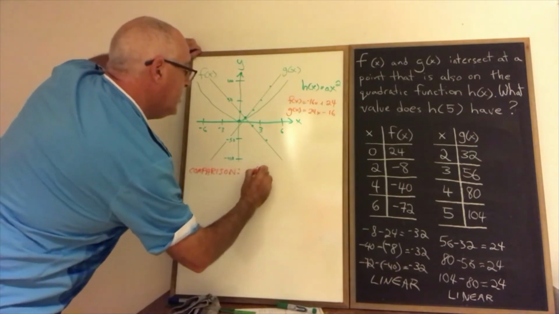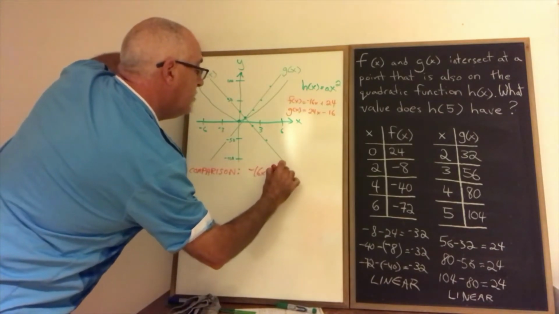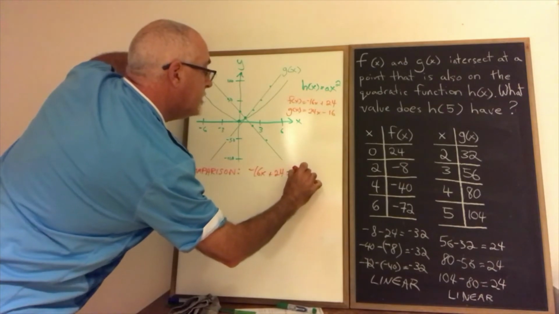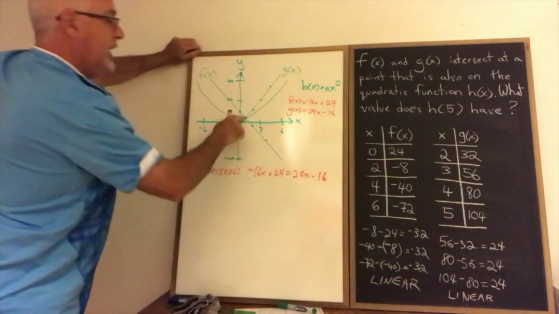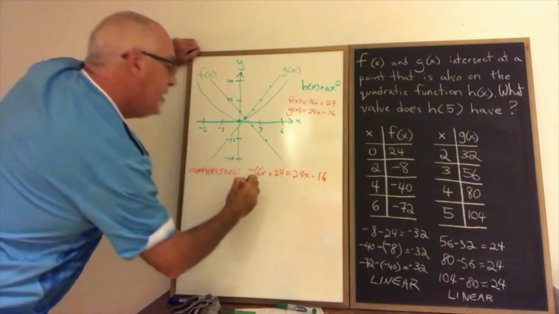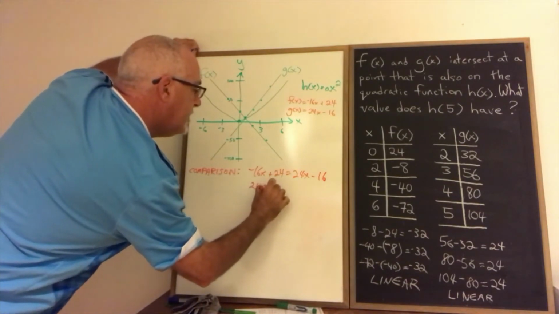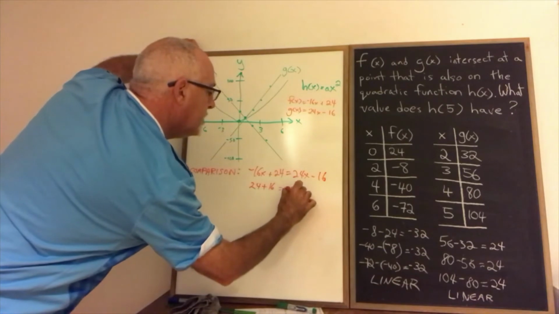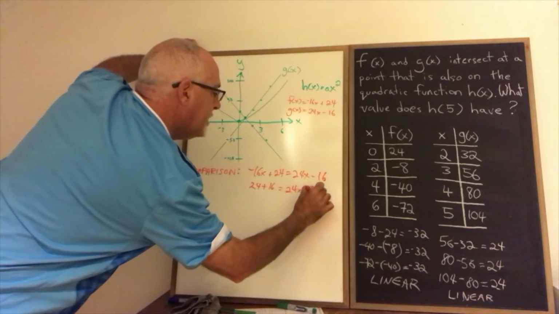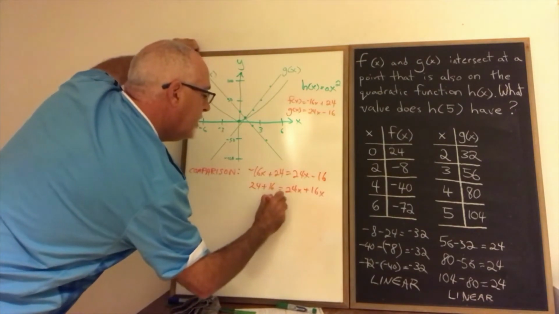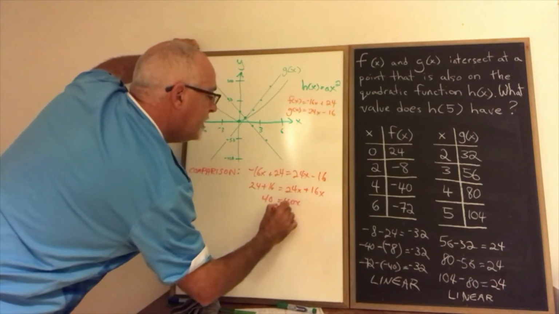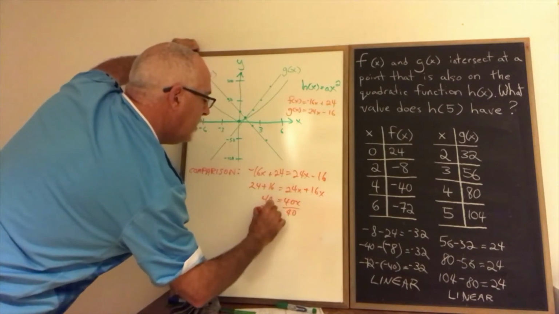Negative 16x plus 24 must be equal to 24x minus 16 at that point of intersection. Therefore, 24 plus 16 is equal to 24x plus 16x. 40 equals 40x. X is therefore equal to 1.